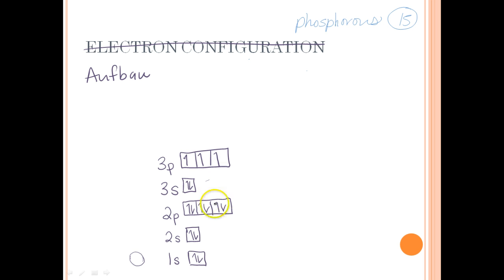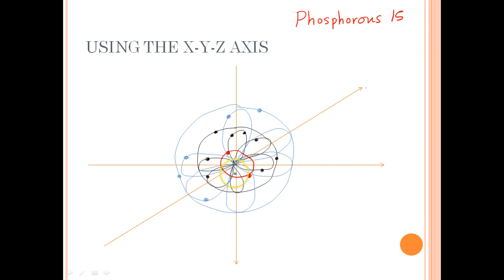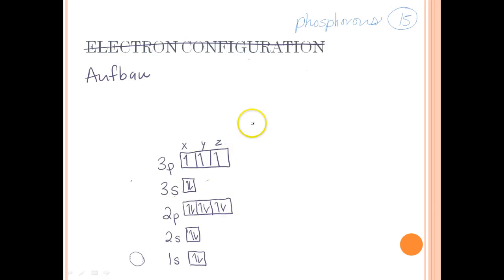And so this is showing us where something is going to bond. It's our outermost energy level, valence electrons. And this is the same exact thing as drawing it. We had 3 half shells, or suborbitals half full. Remember on the X, Y, and Z when we drew it? Right here. So we had 1 here, 1 here, 1 here. Same thing. We have 1 in here, 1 in here, 1 in here.